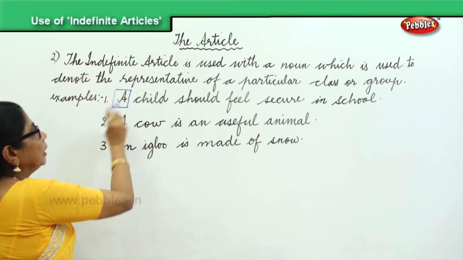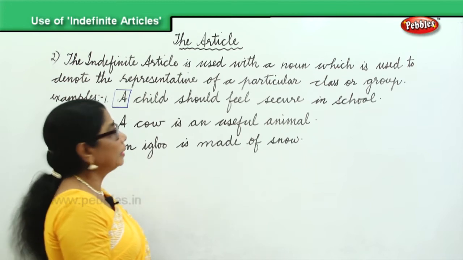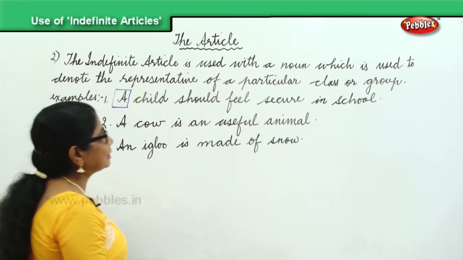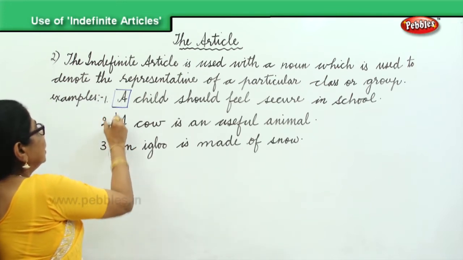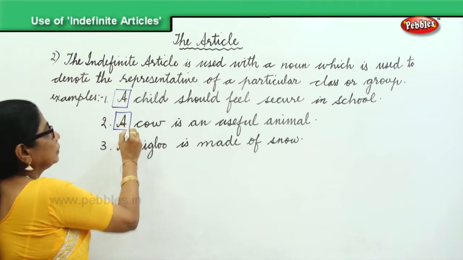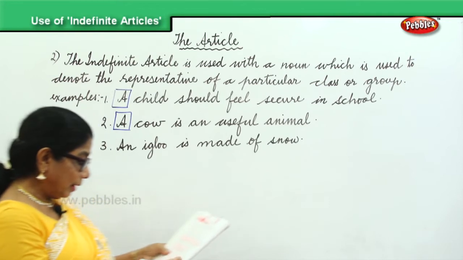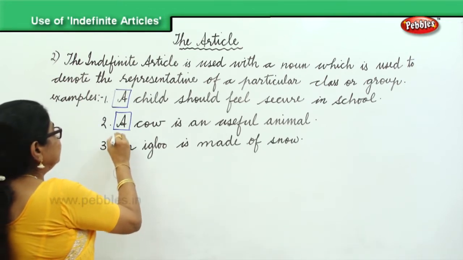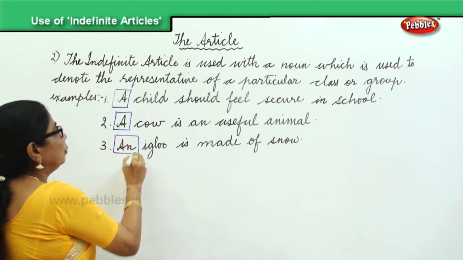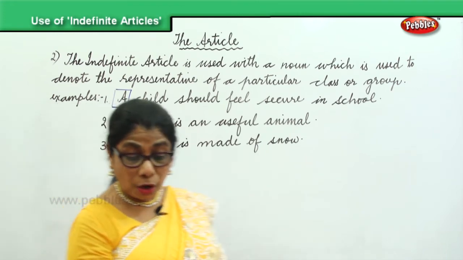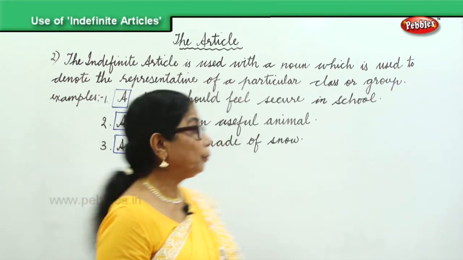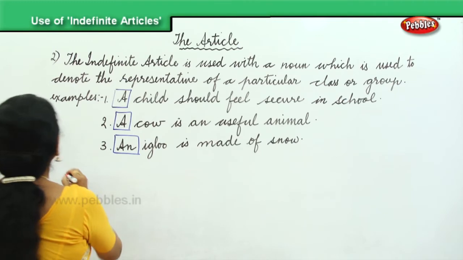We are talking about a child should feel secure in a school. A cow is a useful animal. Again, an igloo. An igloo is made of snow. Okay, that's about the second category.